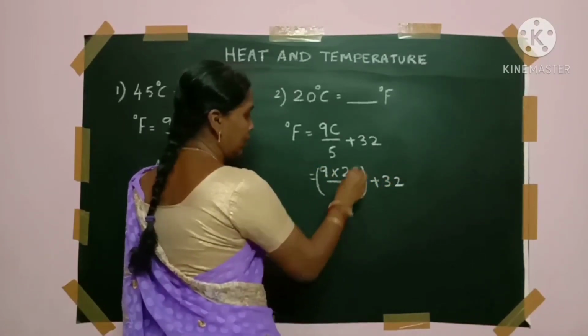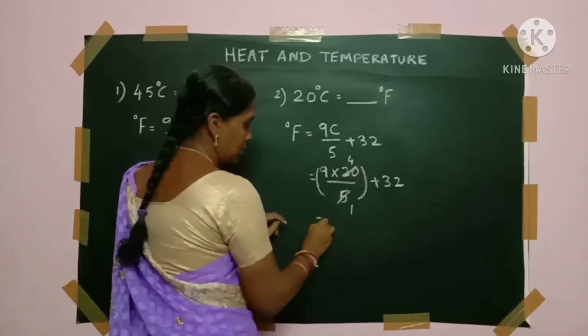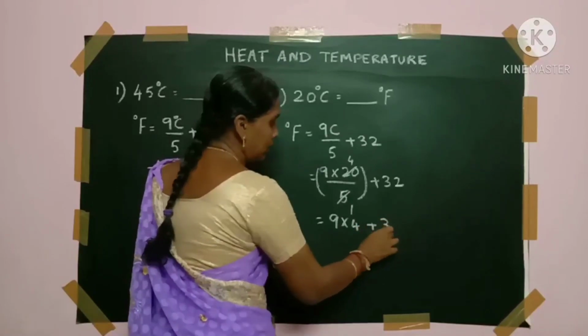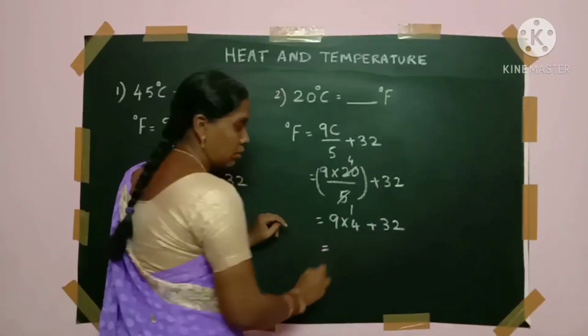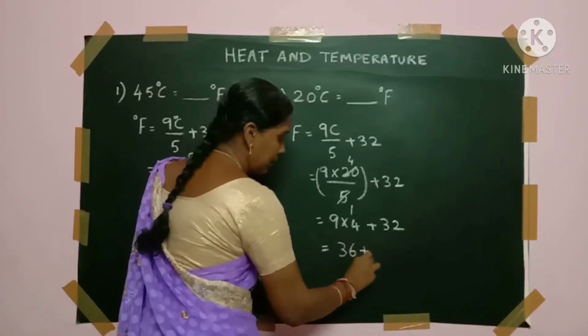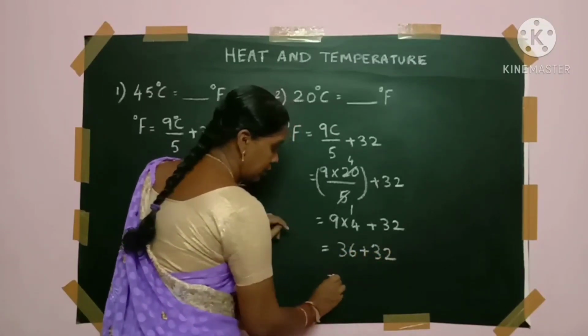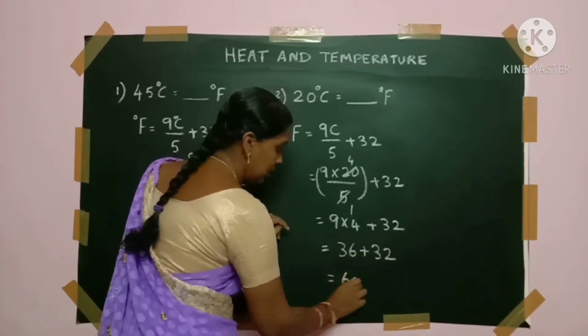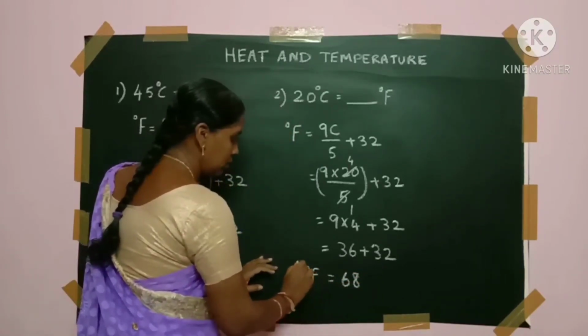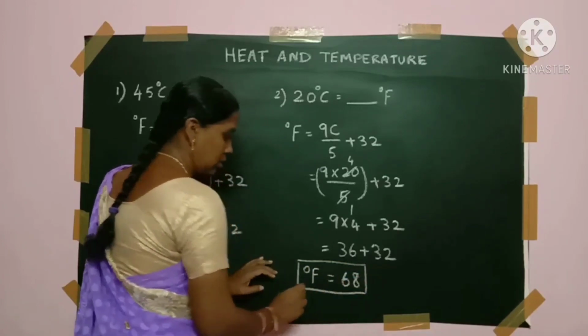So 5 table, 1 time, 4 times. So again you have to write 9 into 4, then only plus 32. What's it? 9 4s are 36, plus 32. You get the value 68. So degree F is equal to 68.